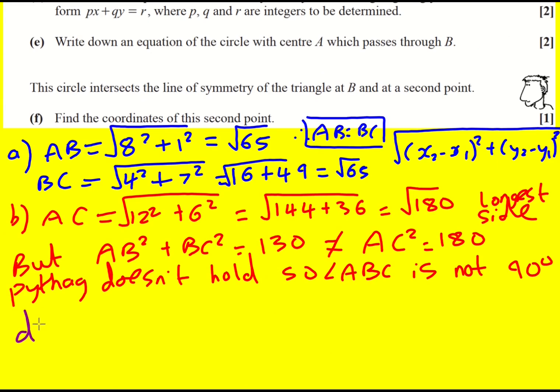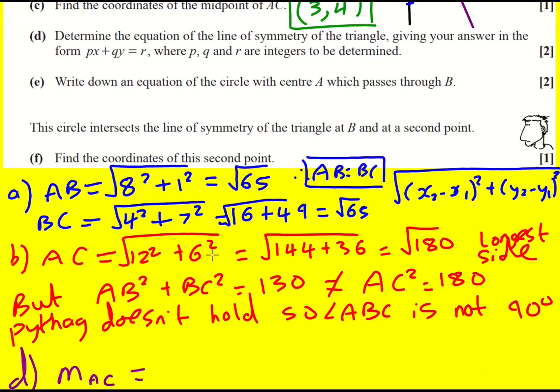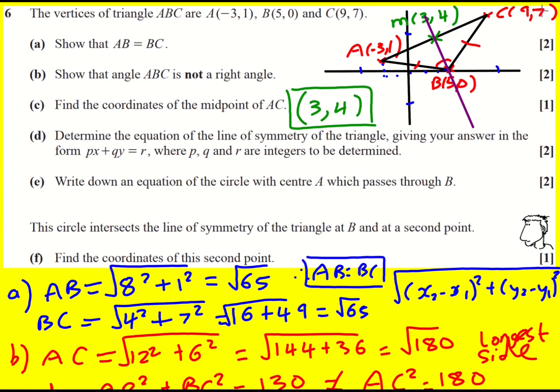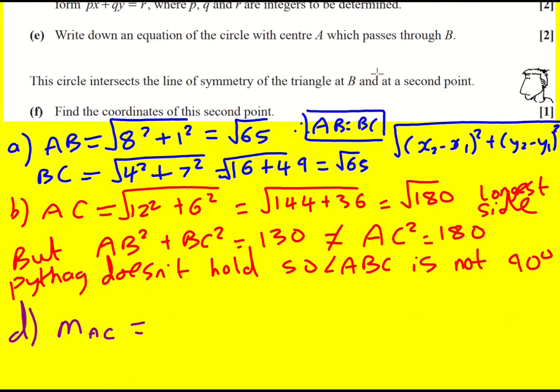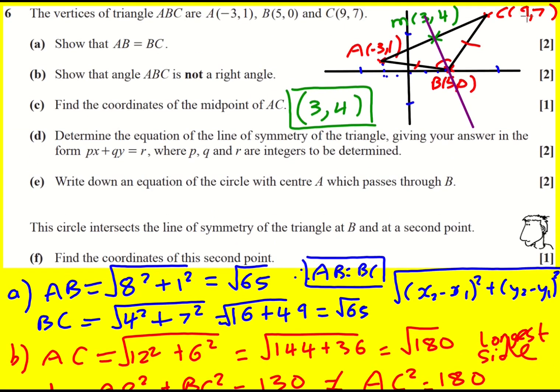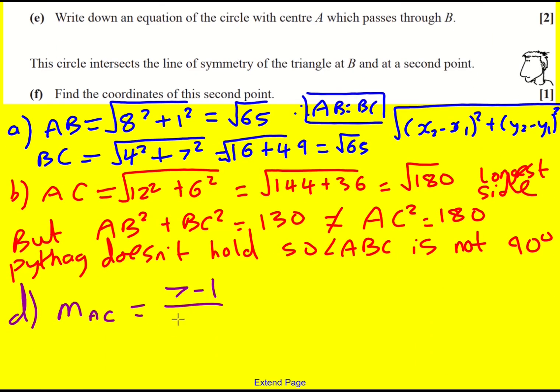This is part D. So m of AC is going to be 7, y2 minus y1, so 7 minus 1, and then just make sure you do it consistently, so it's now 9 minus 3, which gives 6 over 12, or a half.